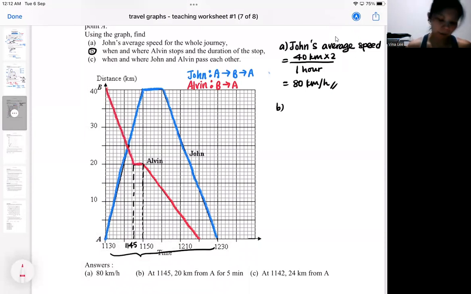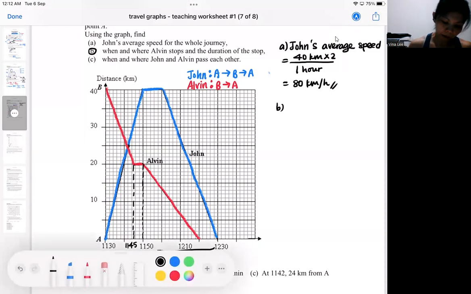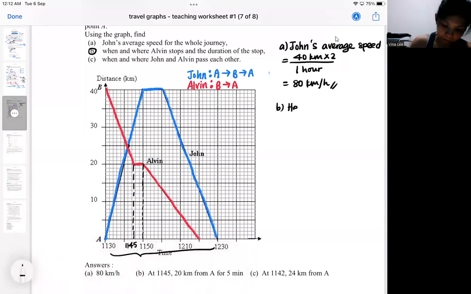So when? At what time? He stopped at 11:45. And where did he stop?